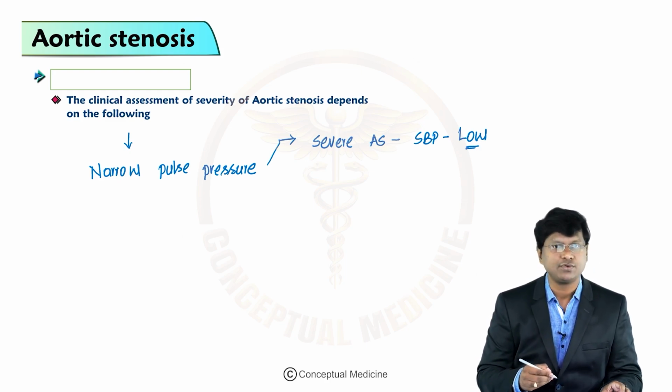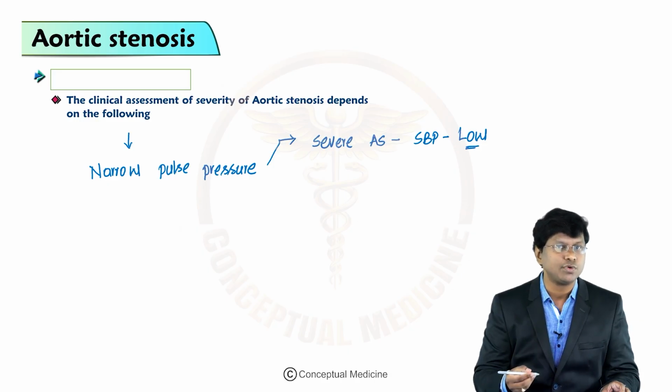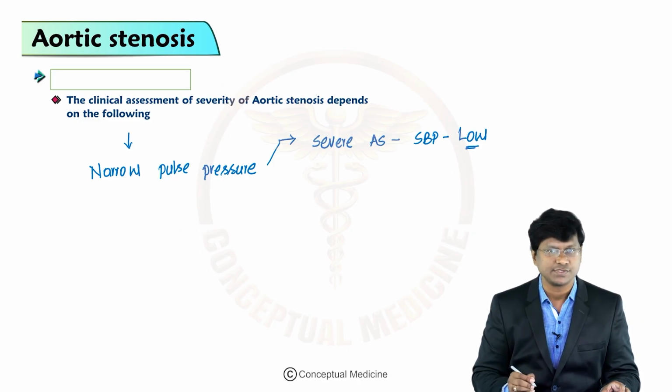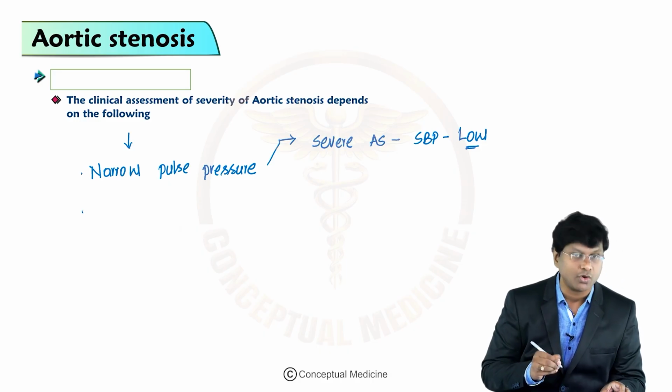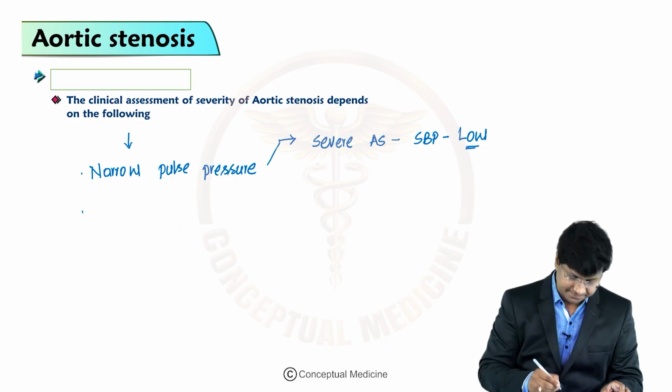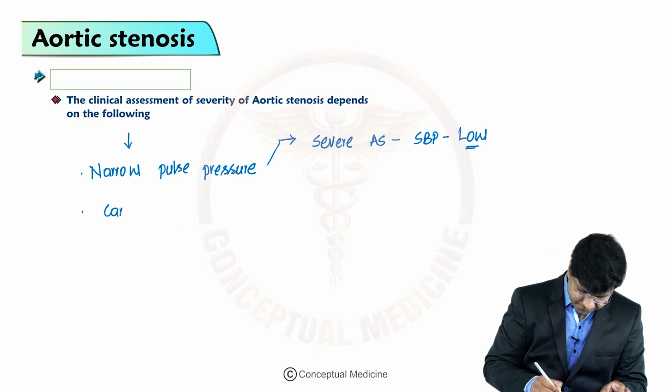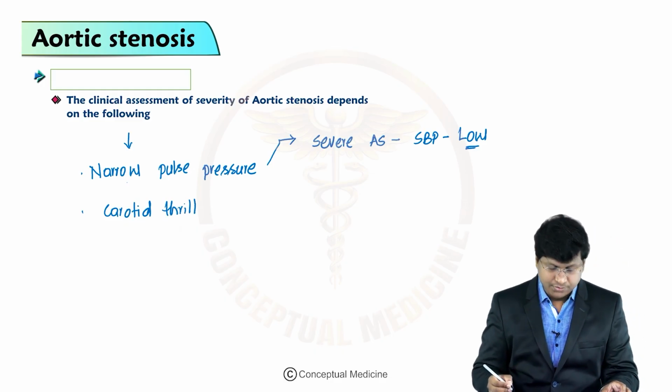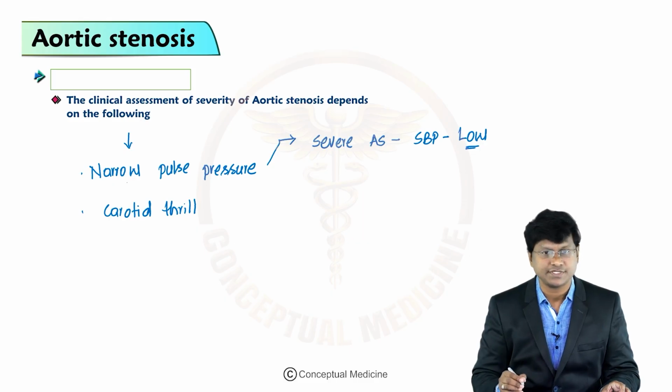So, the narrower the pulse pressure, the more severe is the aortic stenosis. Next, the presence of a systolic thrill or carotid thrill also tells you that the individual has severe aortic stenosis.